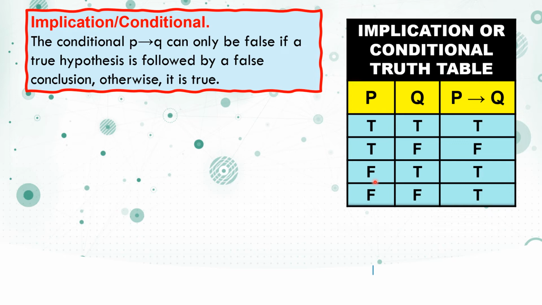Pag yung hypothesis ay false, conclusion is true, still the conditional is true. Pag parehong false, yung hypothesis at conclusion, still the conditional is true. So, dito, kapag T, F, saka lamang magfo-false yung ating conditional.